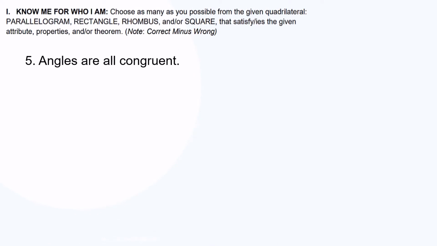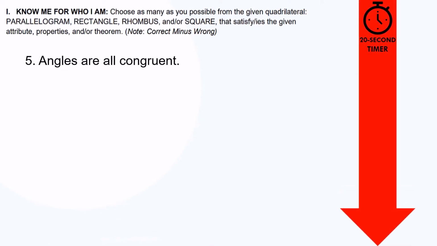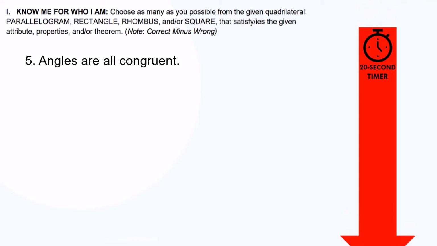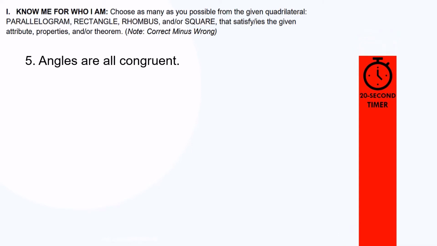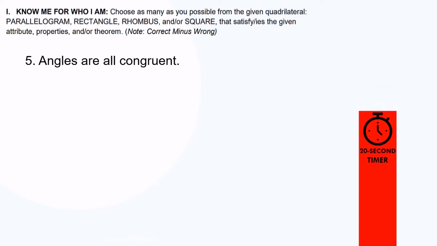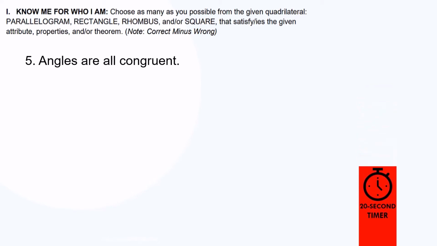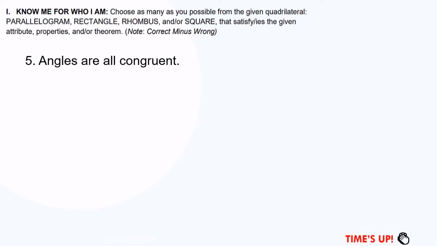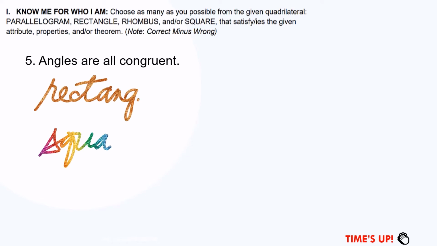Number 5. Angles are all congruent. Your 20-second timer starts now. Correct answer, rectangle and square.